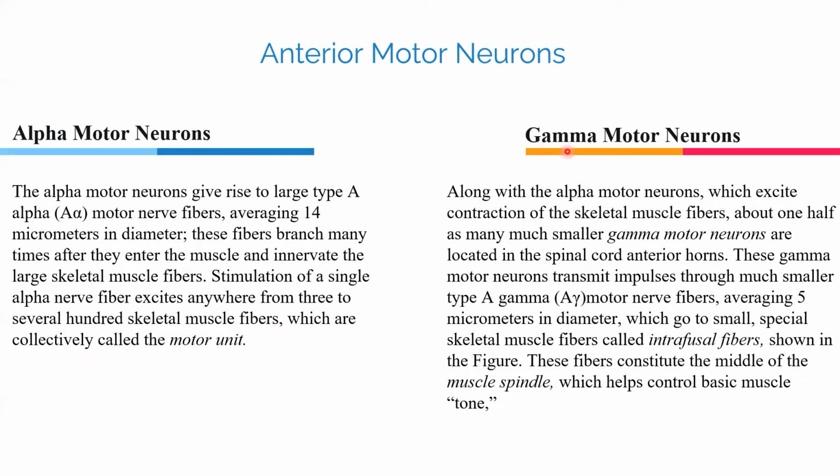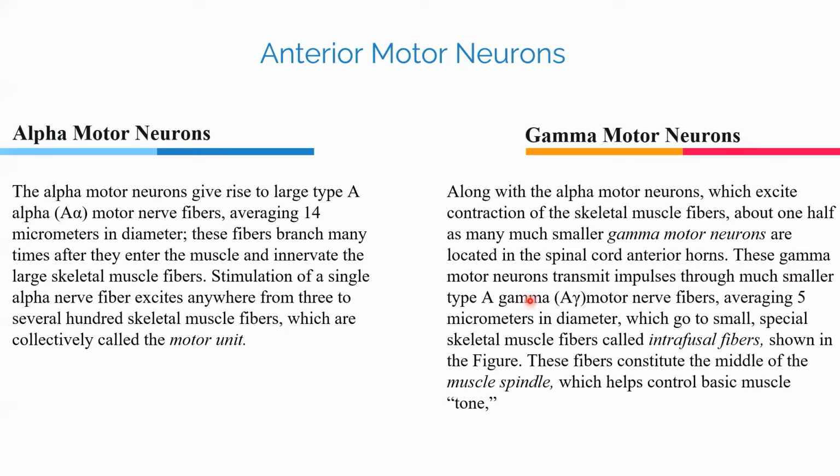Next are the gamma motor neurons. Along with the alpha motor neurons, which excite contraction of the skeletal muscle fibers, about one half as many much smaller gamma motor neurons are located in the spinal cord anterior horns.